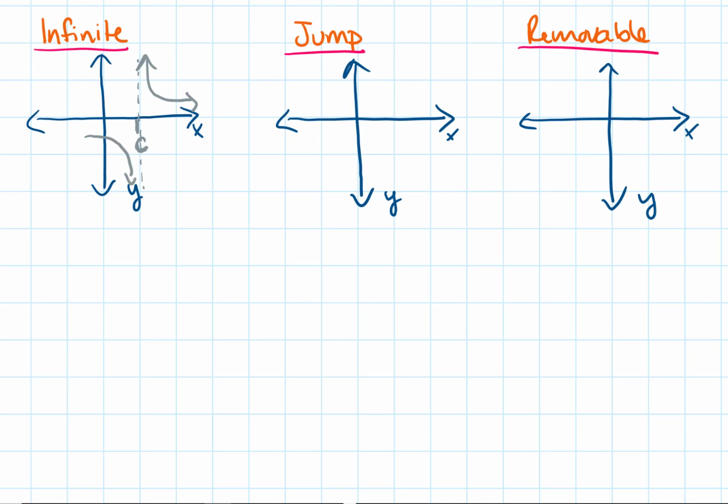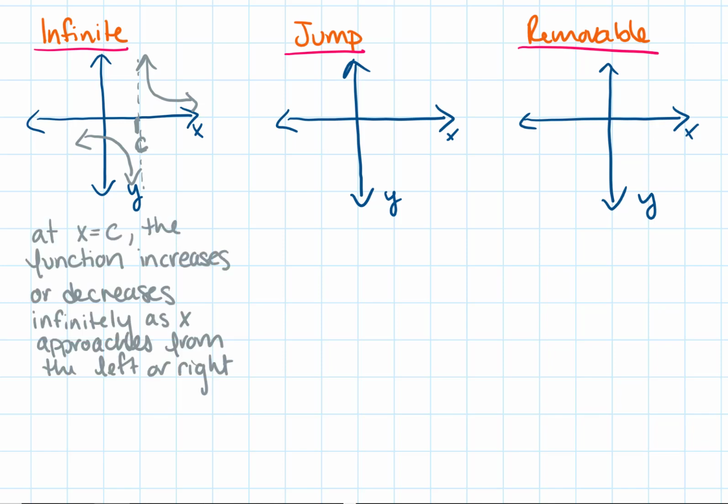And I'm going to do a function where as we approach x is equal to c, so this c value here, the graph is either increasing or decreasing towards infinity. So I wrote below, at x equals c, the function increases or decreases infinitely as x approaches from the left or from the right.